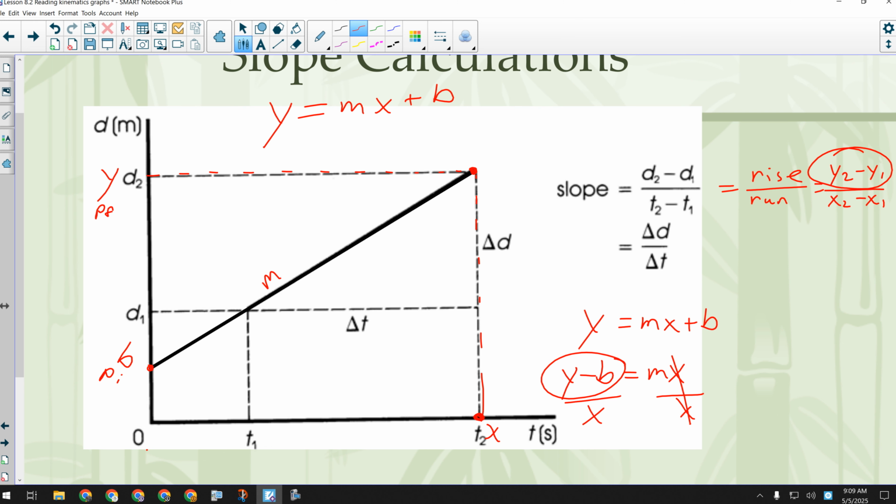Works. And in this case, I just have x on the bottom because x1 is, what's x at b? 0. I don't need to put in x1 is 0. I don't have to go x minus 0. I can just write x. This calculates slope just as well as this does.